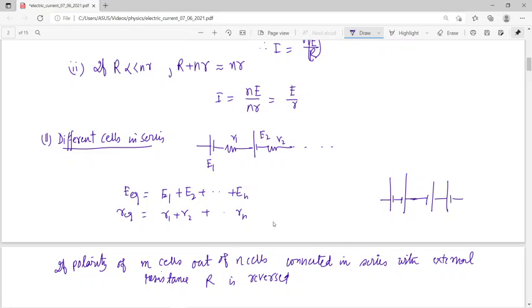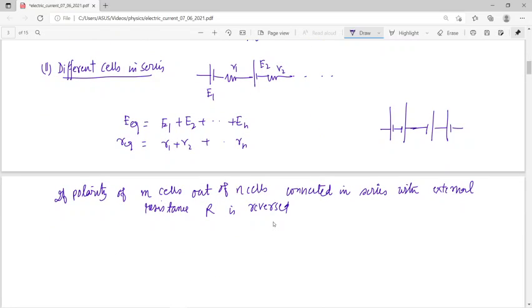If the polarity of m cells out of n cells, that means the total number of cells is n, and among them m cells connected in series with an external resistance R are reversed, then the equivalent EMF is nothing but n minus 2m into E, and the net resistance of the circuit remains the same, that is capital R plus nr.